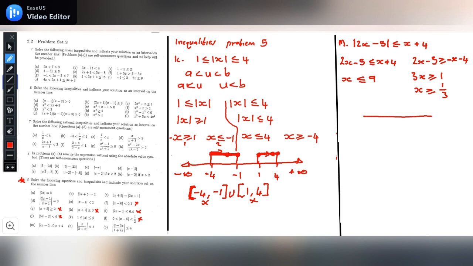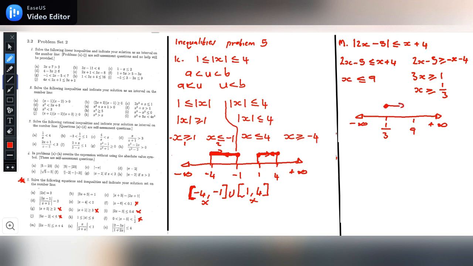So let's represent it in the interval. Start with the -infinity to +infinity. Therefore, we have 1 over 3 and then we have 9, right? So where's 1 over 3? Here is a closed interval. Where does it go?